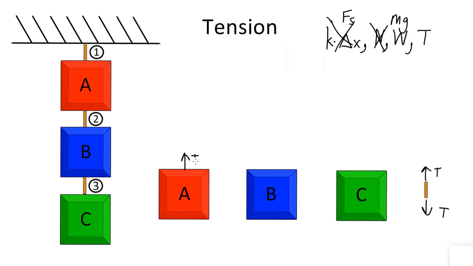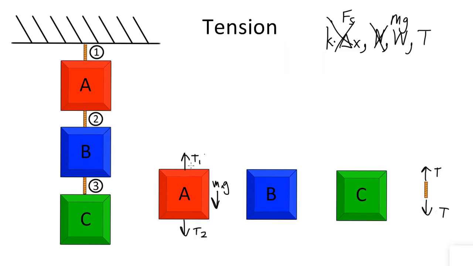The tensions are going to be different throughout different ropes, but if it's the same rope, like we have right here, the tension is going to be the same, and that's always true. So we have T1, then the weight associated with the block, which is MAG, and then T2 pulling it down.